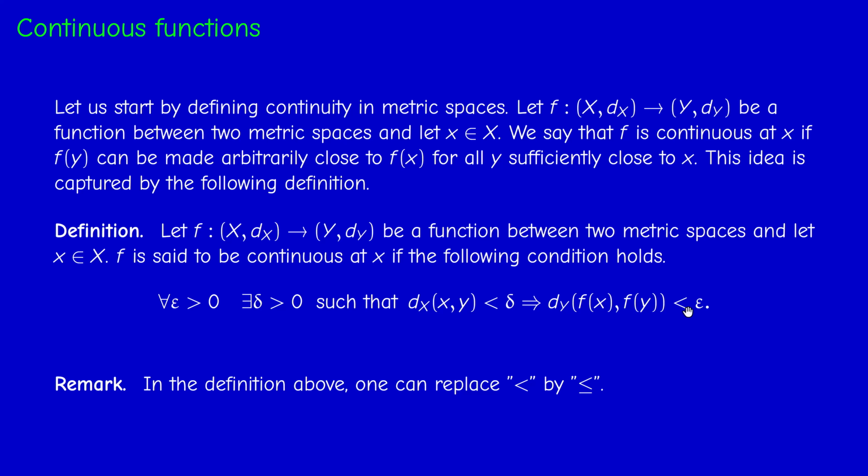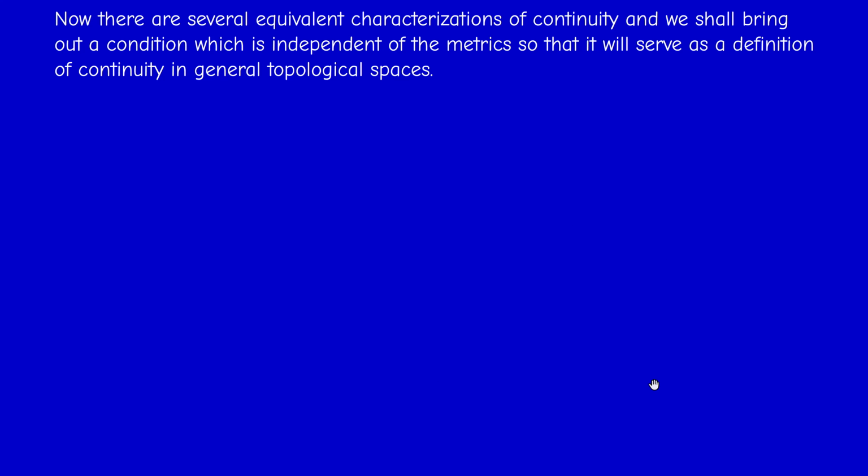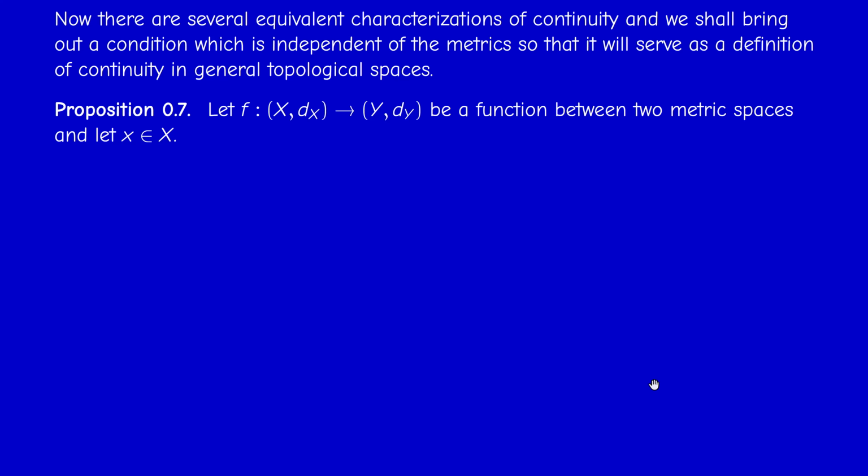If it's less than or equal to epsilon, then it's less than 2 epsilon. So you can put 2 epsilon, 5 epsilon, anything, because if epsilon is arbitrary, then 5 epsilon is arbitrary as well. Now, let us reformulate this condition in terms of balls.